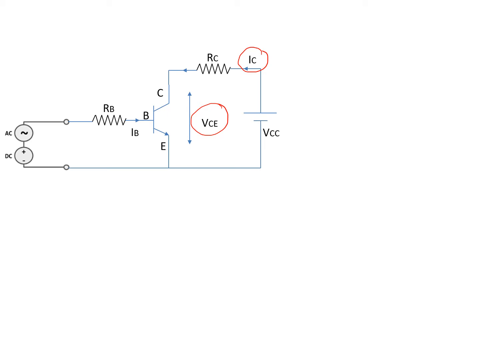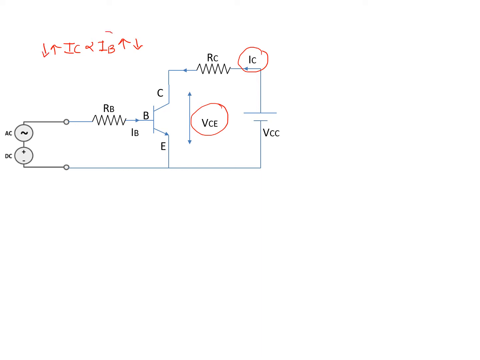But before applying input, let us quickly revisit the basic principle of the transistor. In a transistor, collector current IC is directly proportional to IB. That means if IB increases, IC increases. If IB decreases, IC decreases.